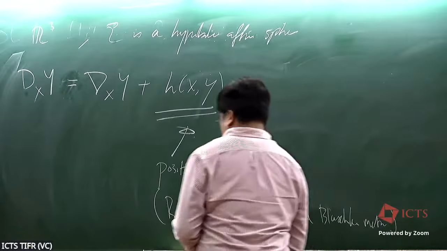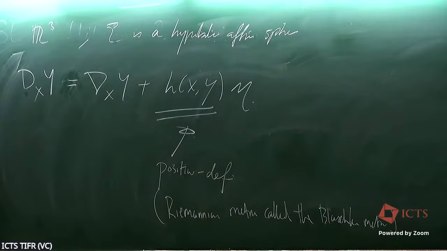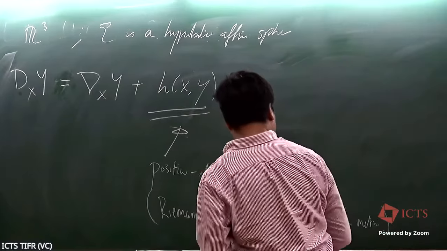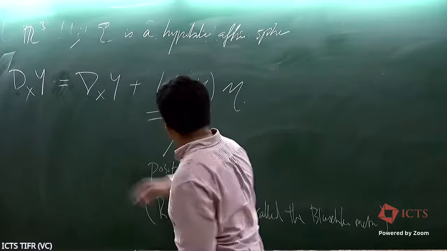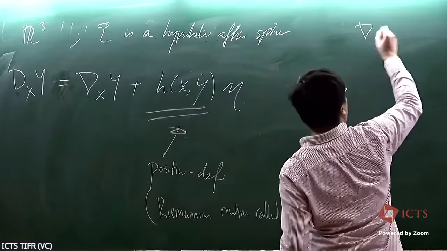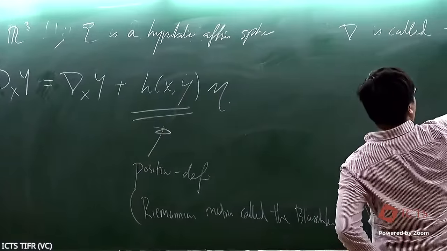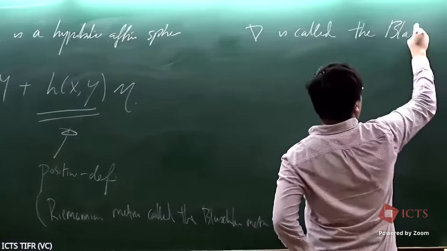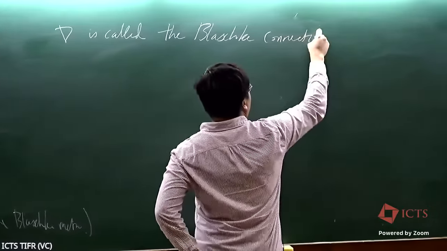Okay, good. And this Blaschke metric, well, this nabla here, this induced connection, is called the Blaschke connection. That's one connection.